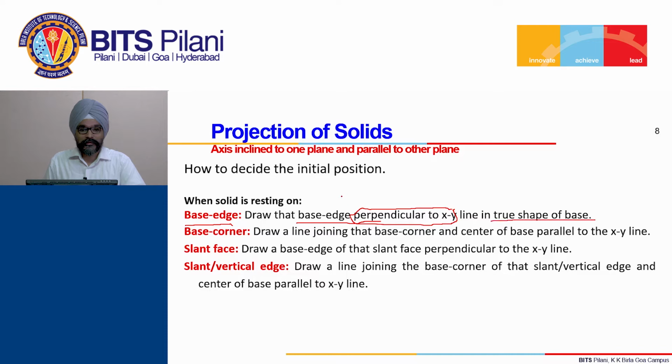For example, if the solid is resting on its base edge on the ground, then the top view should be chosen as the true shape of the base in the initial position, and in the true shape of the base we must ensure that one of the edges is perpendicular to the xy line. Similarly, if it is resting on the base corner, we have to ensure that in the true shape the line joining the base corner is parallel to the xy line.